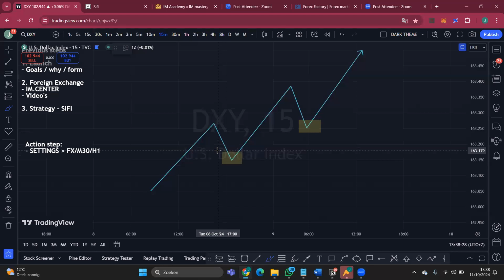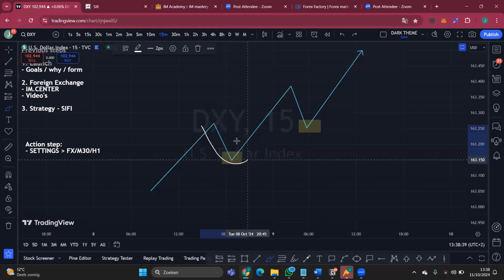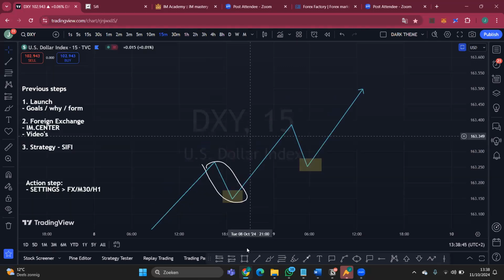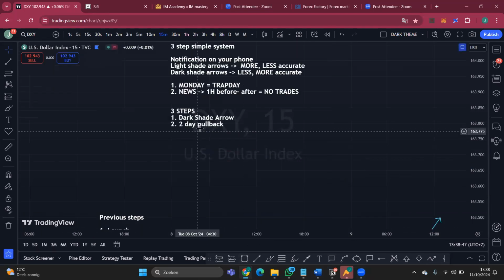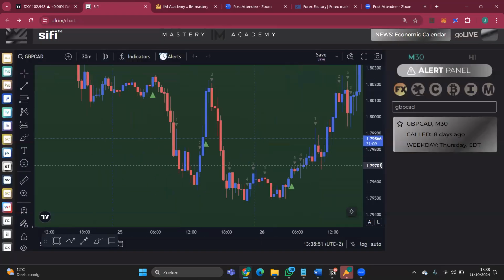Of course, we want to take advantage of a trade right here in this zone that I talked about. But the only way to know that we're in that zone is if we had a pullback before that zone. What we do with SIFI is we look at that and ask, did we have 2 days of pullback?